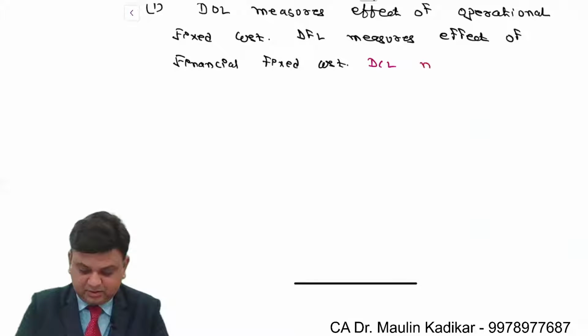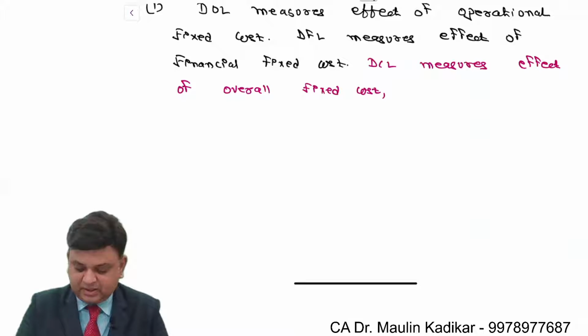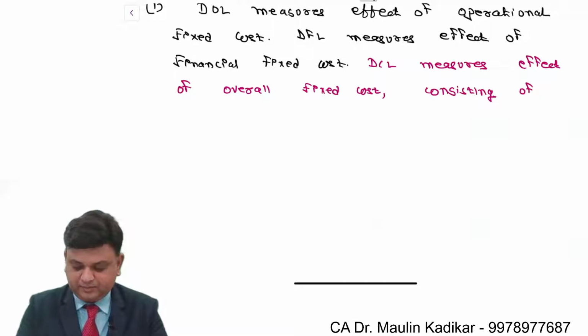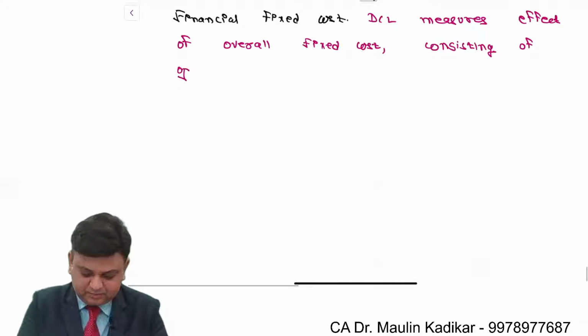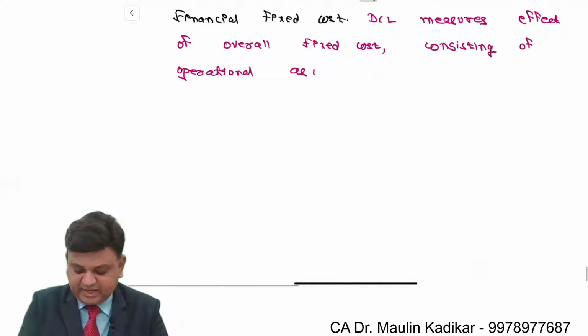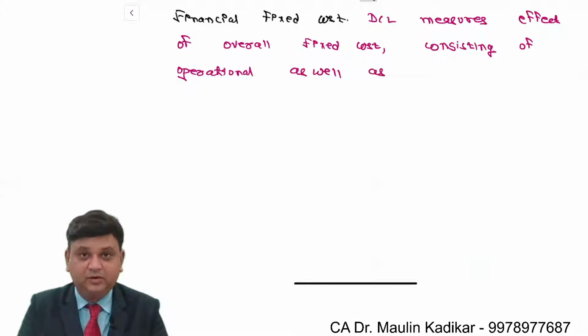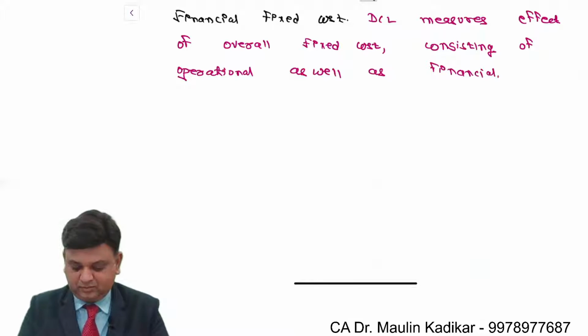DCL measures effect of overall fixed cost, comma, consisting of operational as well as financial. Full stop.